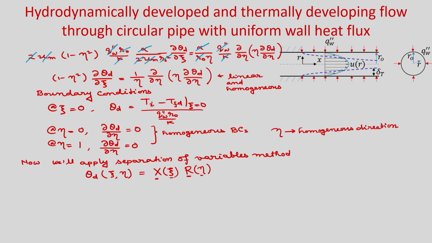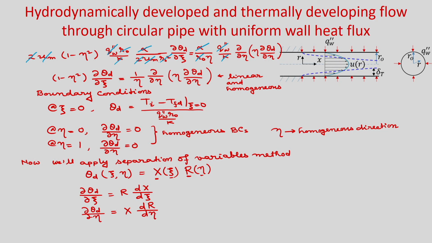Okay. So, now let us write del theta d by del zeta as r into dx by d zeta, because r is a function of eta only. So, now this is an ordinary derivative we are writing because x is a function of zeta only. Similarly, you can write del theta d by del eta, okay, as x into dr by d eta.